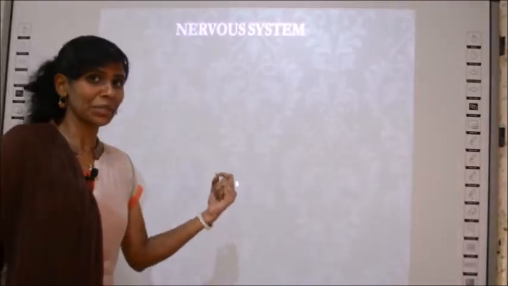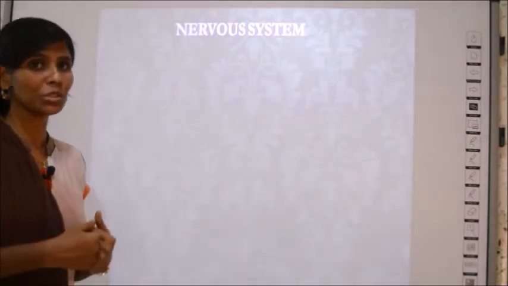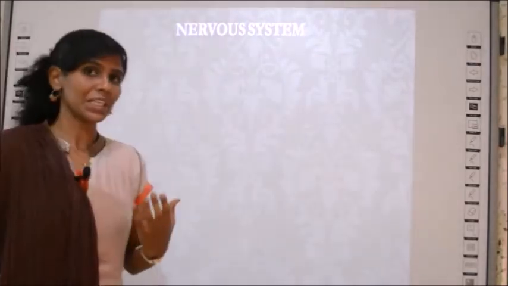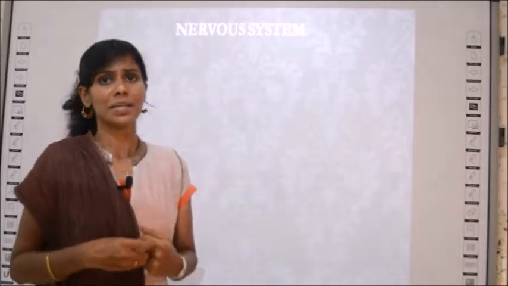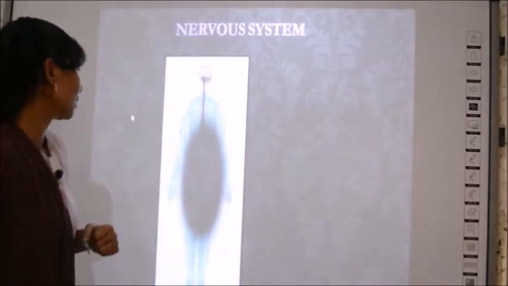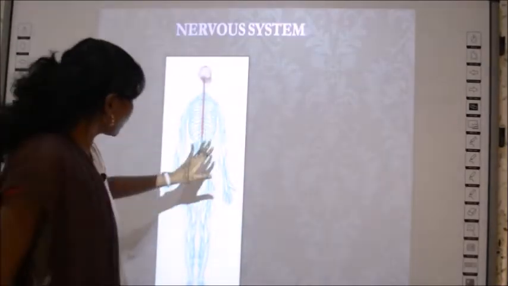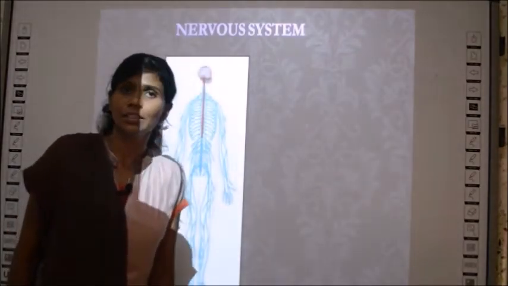In this slide you will learn about the diagrammatic representation of the nervous system. We have studied two types of nervous system, right? What are they? Central nervous system and peripheral nervous system. That I will show you in the diagram. See, it is full of nerves, right? The blue color all represents nerves.